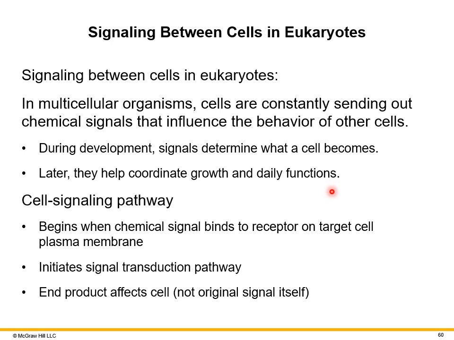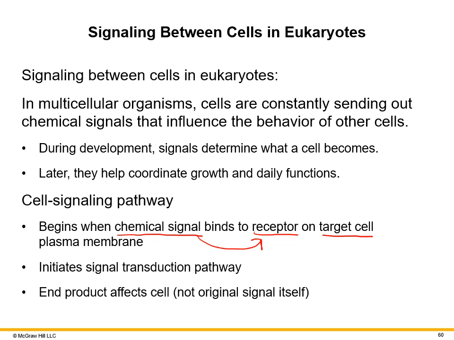The cell signaling pathway begins when the chemical signal binds to a receptor. So the chemical signal molecule binds to a receptor, and that receptor is on our cell called the target cell because we're trying to bind that chemical signal to that receptor.